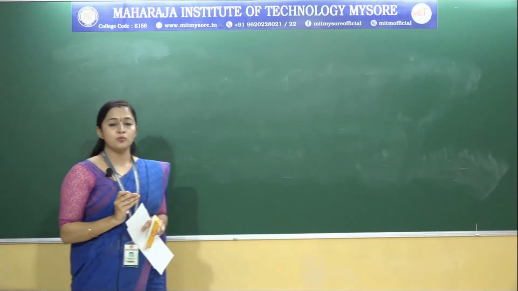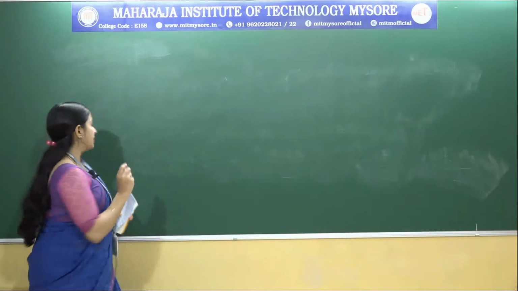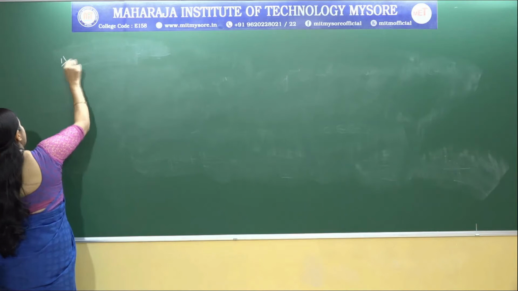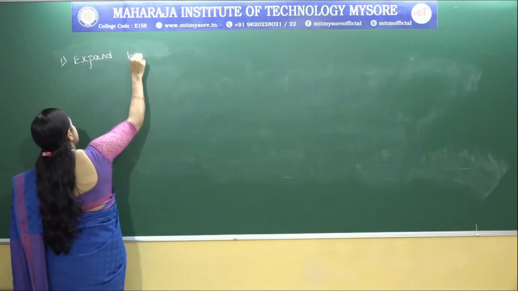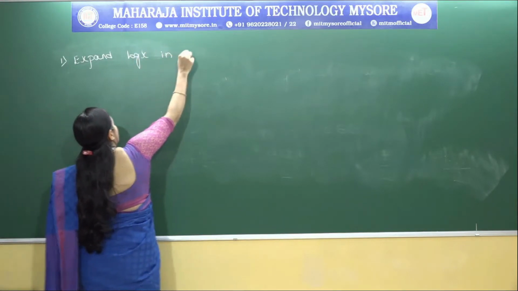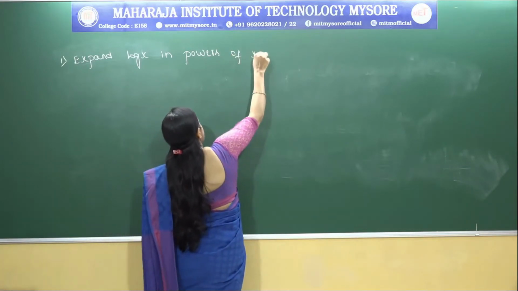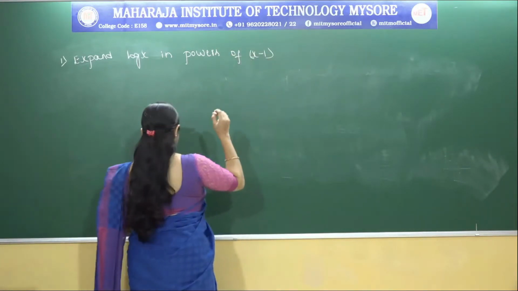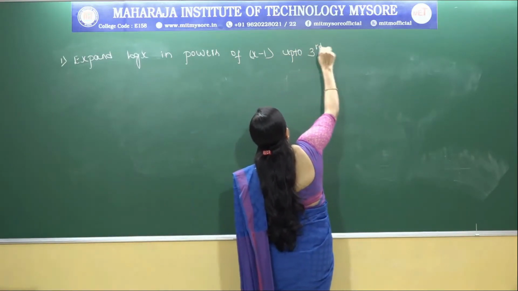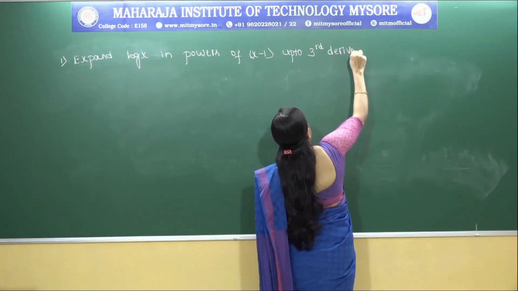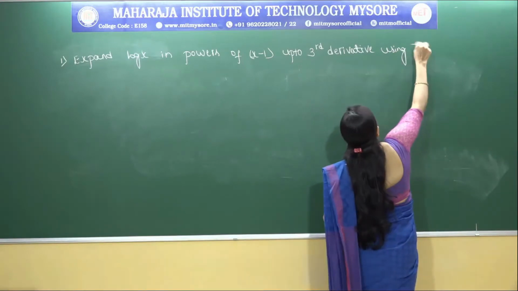Next, they will ask the problem like this: expand any function, they will give the powers. So for example, I take the problem, expand log x in powers of x minus 1 up to third derivative using Taylor's series.